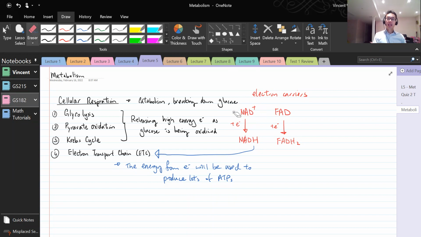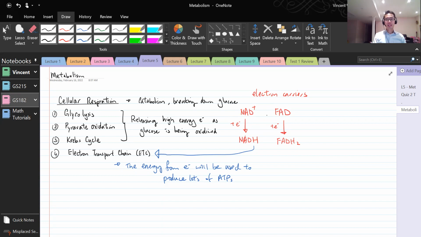So NAD plus will carry enough energy to produce up to 3 ATP, whereas FAD will carry enough energy to produce up to 2 ATPs. So just to clarify, these are carrying high energy electrons.